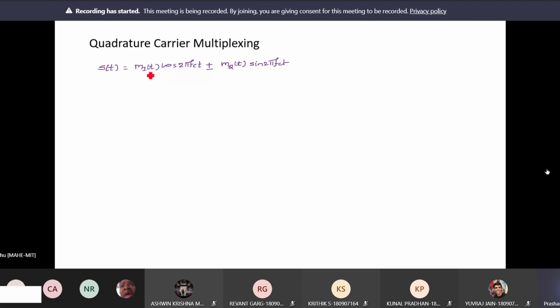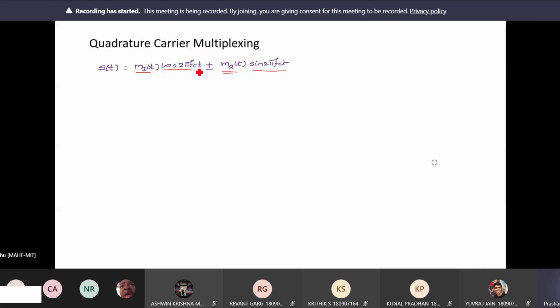Now if I treat these mi of t and mq of t as two different signals on a single carrier, one is in phase with the carrier and the other one is in quadrature with the carrier.